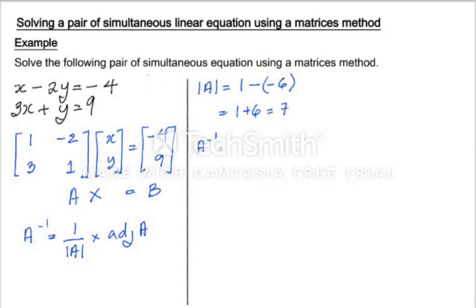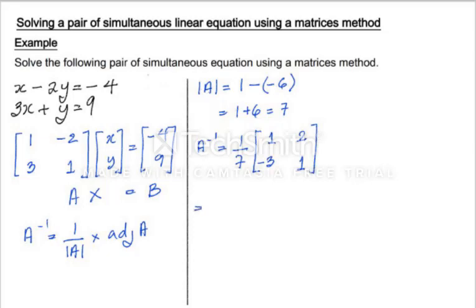So A inverse is 1 over 7 times adjoint A. Remember, for adjoint A, we switch around the leading diagonal elements. If you switch around 1 and 1, you still get back 1 and 1. The other two elements stay in place, but their signs change. So minus 2 changes to positive 2, and positive 3 changes to negative 3. All right, and we're going to keep A inverse in this form.